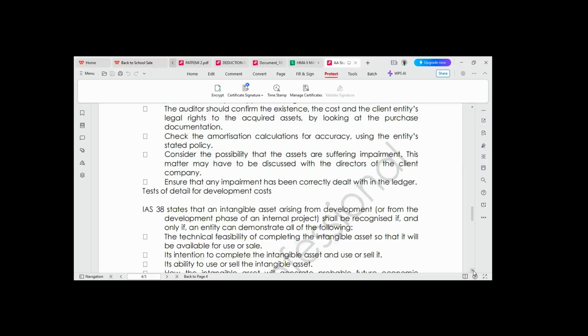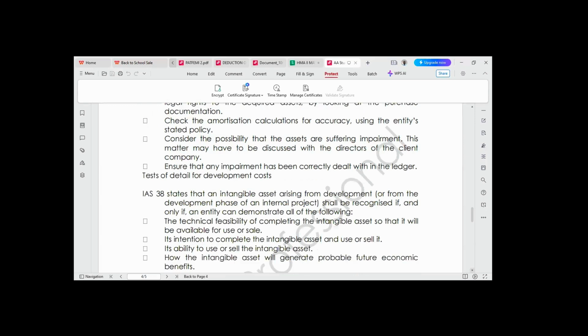IAS 38 talks about the conditions. This is what it says: IAS 38 states that an intangible asset arising from the development phase of an internal project shall be recognized if and only if an entity can demonstrate all of the following.